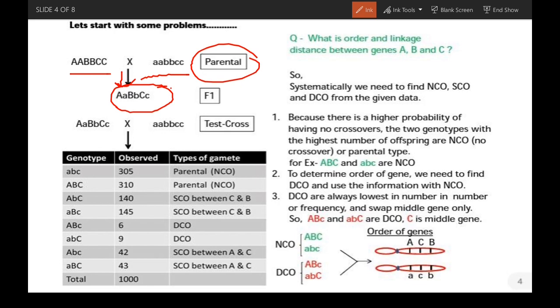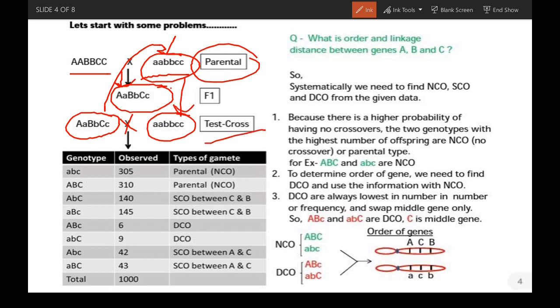Then we test cross. Test cross means crossing with the recessive parent, right? So in a test cross we cross the organism with its recessive parent. In this case, this one is the recessive parent, so we cross this one with this one. So this is the test cross, right?